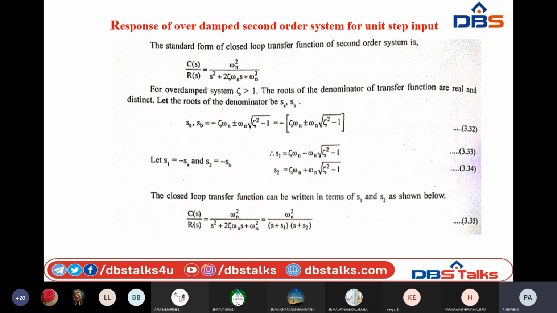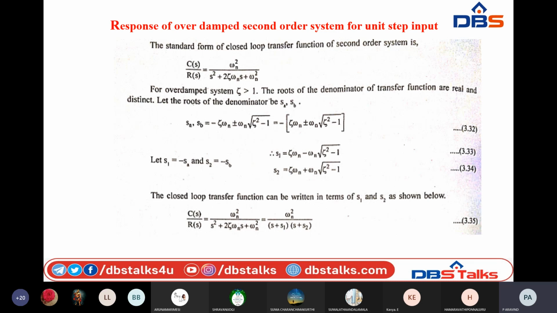zeta square minus 1. So from these roots, I am assuming s1 equal to minus sa and s2 equal to minus sb. So finally, s1 equal to zeta omega n minus omega n into square root of zeta square minus 1. This is my first root, and s2 equal to zeta omega n plus omega n into square root of zeta square minus 1.